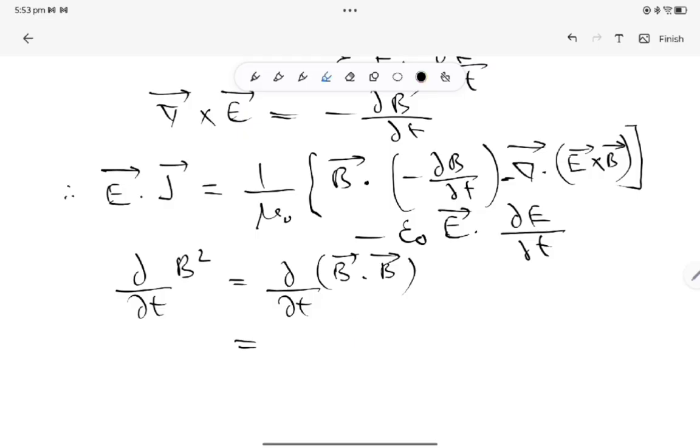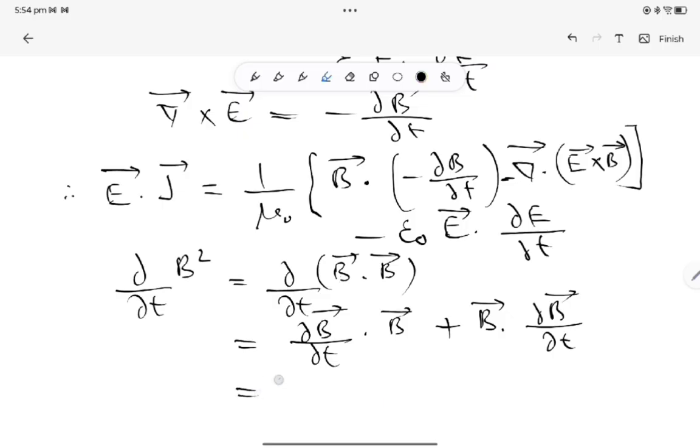Then we can now use the U into V rule, this simple rule from differential calculus. We differentiate one B, keeping the other B as such. Now put the first B there and differentiate the other. Since the dot product is commutative, we can simply write it as twice B dot del B by del t.